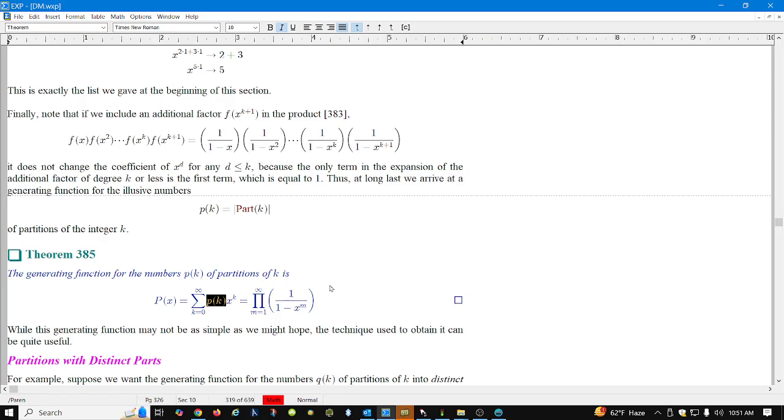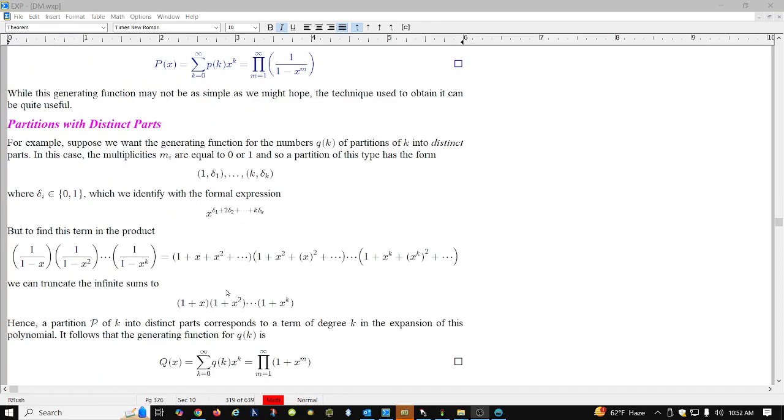And that's why nobody's found a formula. While this generating function may not be very useful in actually computing P of k, the technique that we use to obtain the generating function can give us some very interesting results, and we'll look at that next.